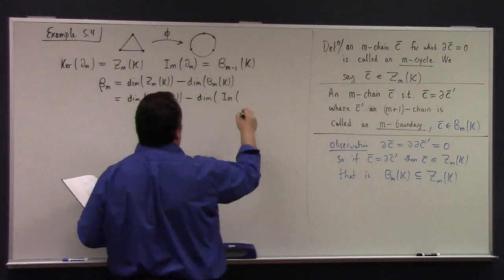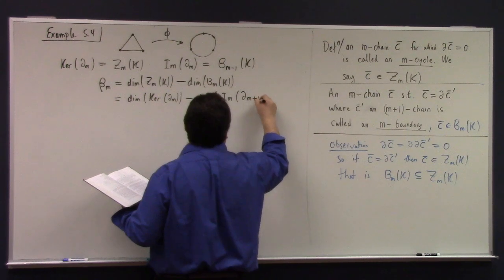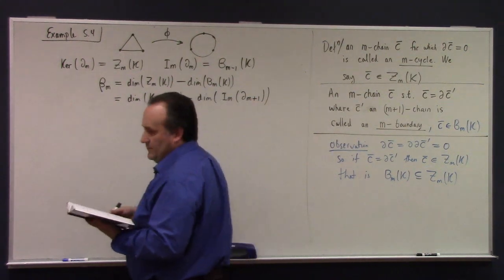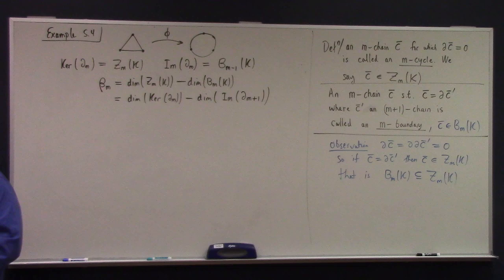The n plus 1 boundary map. All right. So we really just need to calculate the dimension of the kernel and the image of the different boundary maps. And once we know that, we can piece together the Betti numbers. So that's essentially what's done now.